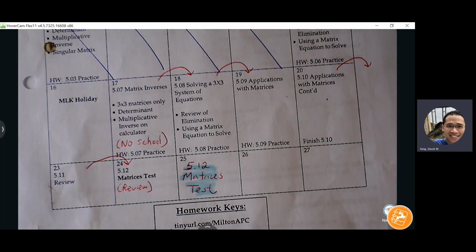We'll do a little bit with 3x3 matrices. It's a lot messier, so there's only certain things we need to do with the 3x3 matrix. But what's gonna take more time are the word problems. Once you get to the word problems, we'll spend a lot of time with them and see if we can take those word problems and fit them into a matrix so that we can solve. Okay. Just a few more things that we need to get through, and then we'll have the test, not next week, but the week after next.